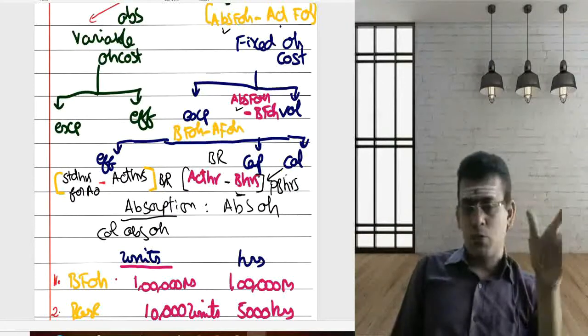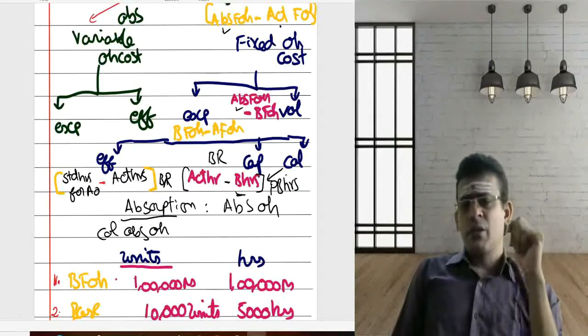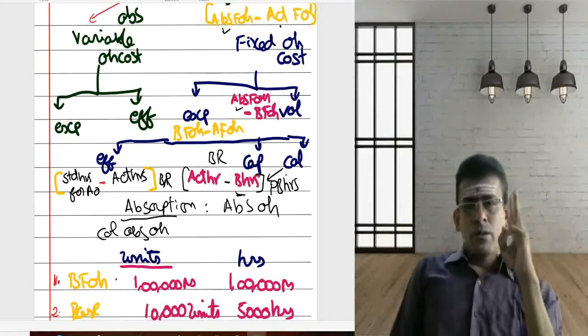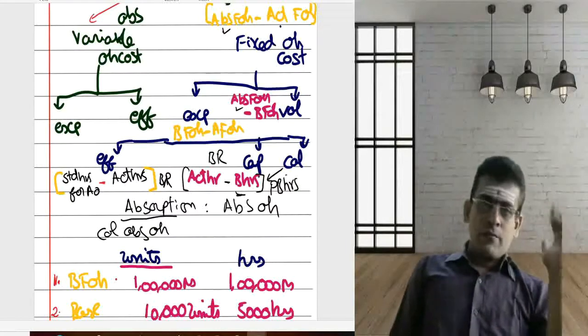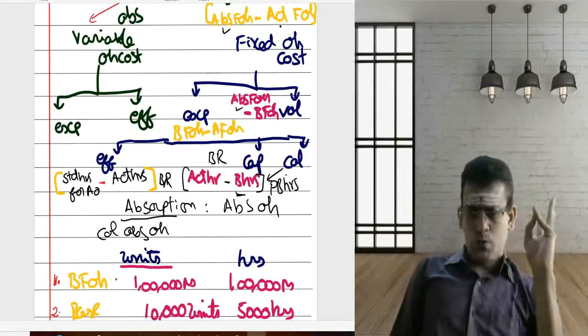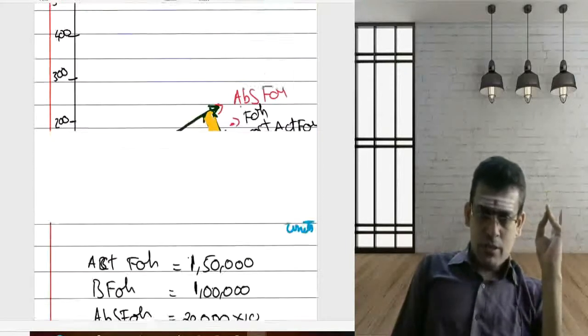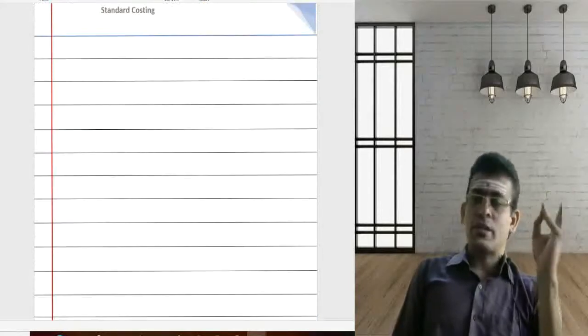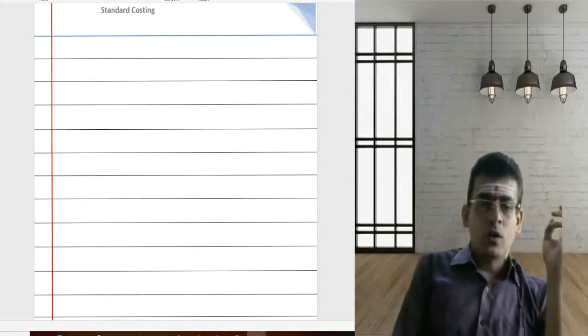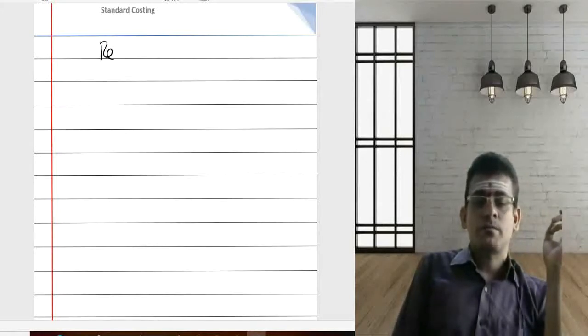So ultimately, if you observe the entire thing, you need to calculate only three things. If you calculate those three things, fixed overhead variance becomes easy. So before commencing any problem in standard costing, especially fixed overheads, what are the requirements?